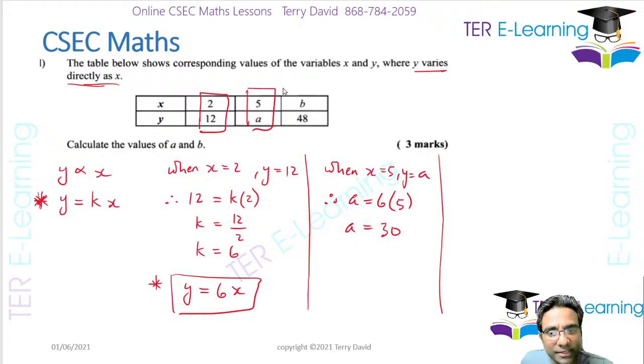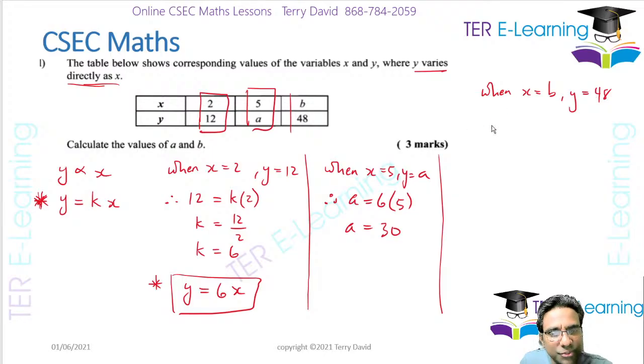Next thing we need to do, we need to look at this piece of information here, which says that when, let me write this higher up because I know the camera is going to block you all. So we're going to say when x is equal to b, y is equal to 48, right?